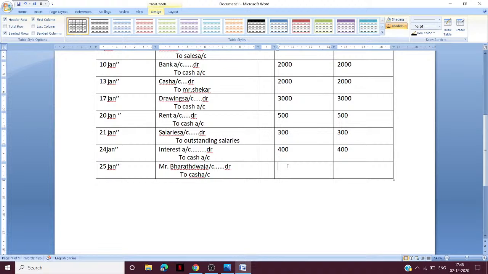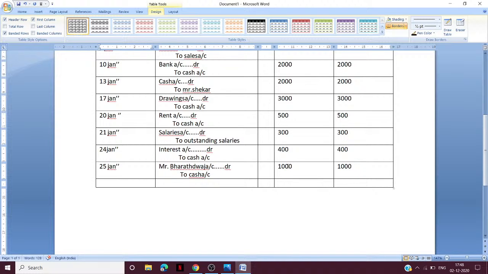This will be the transaction. What is the amount? 1000 on both the sides.